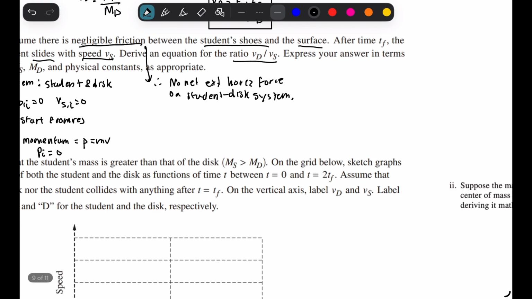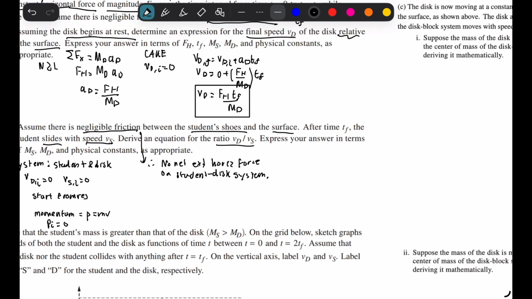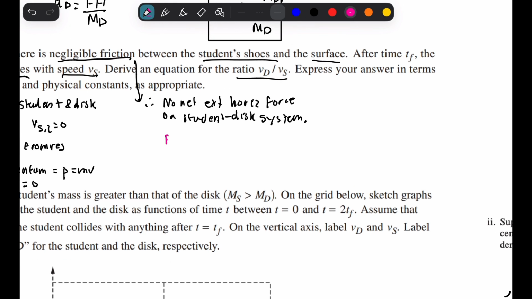So the force on the disc and the disc force on the student are going to be an internal Newton's third law pair.